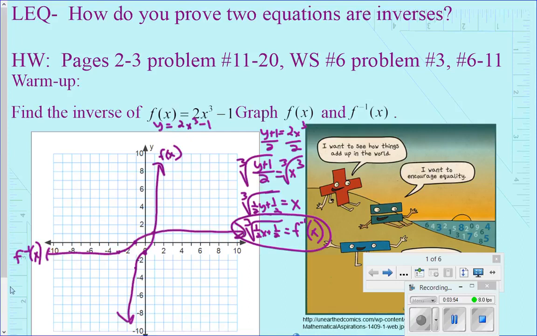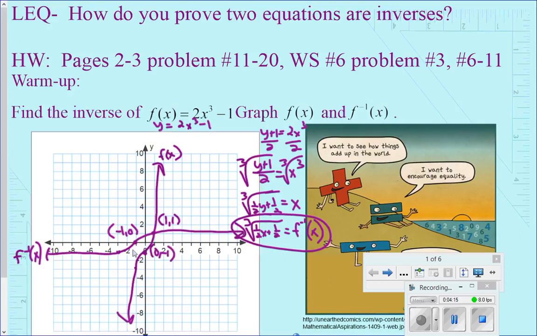Okay, now hopefully you realize, as you graph the original and the inverse, a relationship that exists between the points. We had 0, negative 1 on the original, and negative 1, 0 on the inverse. We had 1, 1 on the original, and 1, 1 on the inverse.